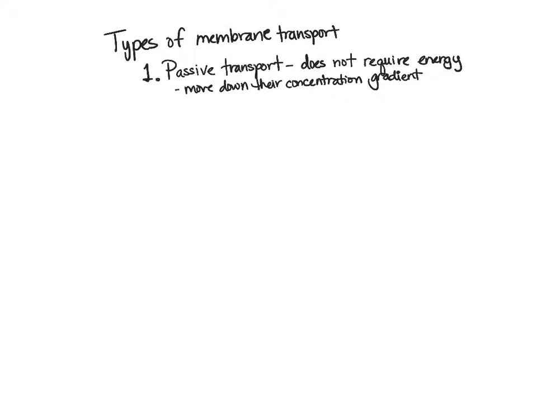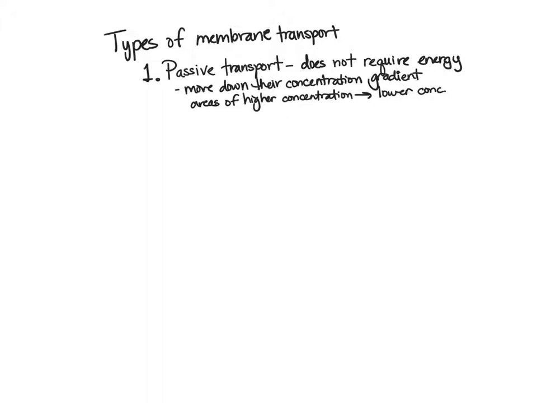So they move down their concentration gradient, which means they move from areas of higher concentration to areas of lower concentration. And so we can actually see this when we put, say, a sugar cube in water. What we'll see is that we're moving from an area of high concentration of sugar, which would be the sugar cube, to an area of lower concentration, which would be the rest of the water, for example.